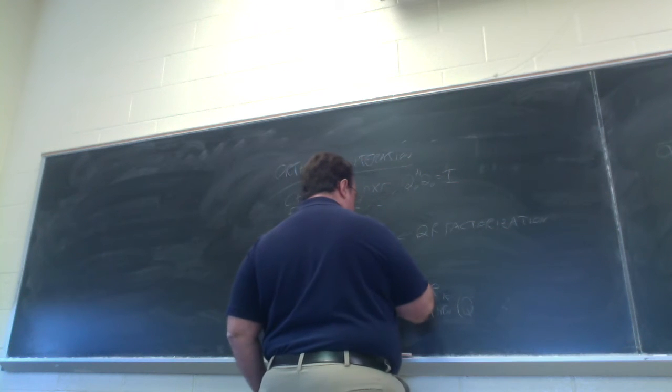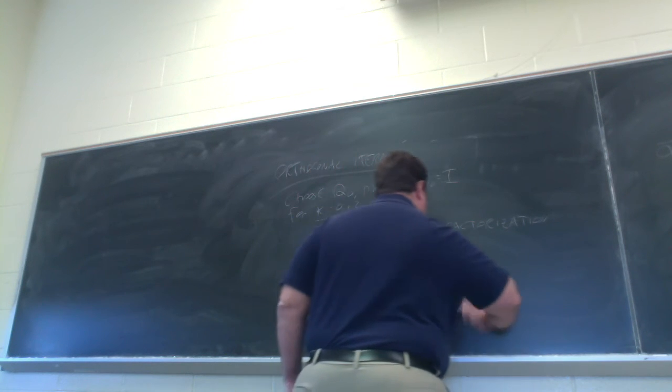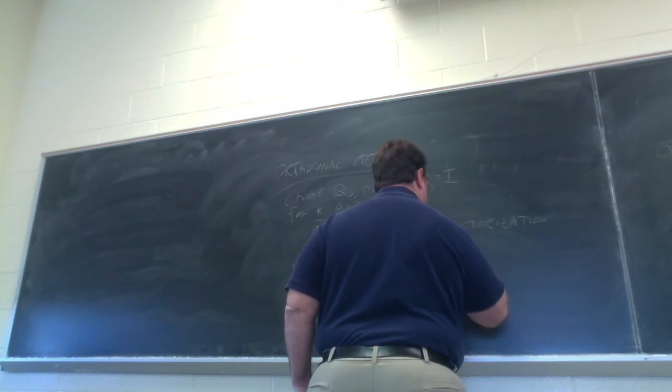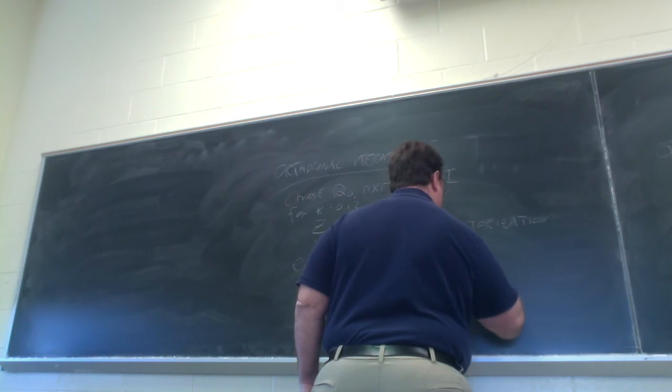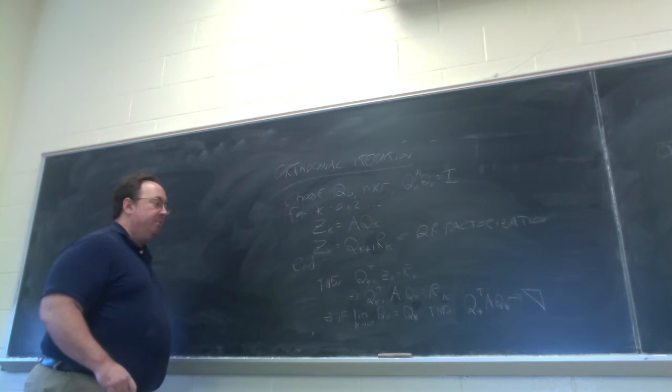I hate to change my notation to declutter things. I'm going to make the star a subscript rather than a superscript. So then I have Q star transpose A Q star converges to upper triangular form.